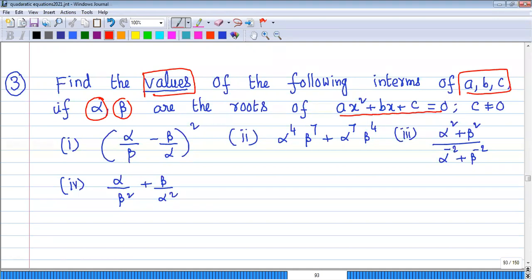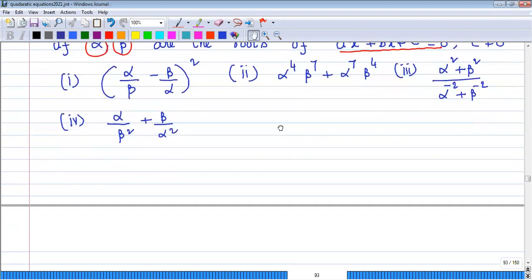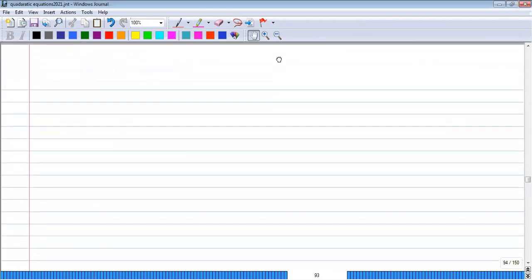So first let us find out the first value. Next we go for the second, third and fourth problems. So now the solution follows.